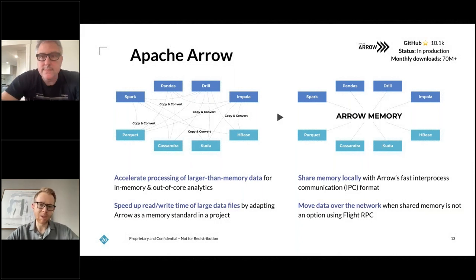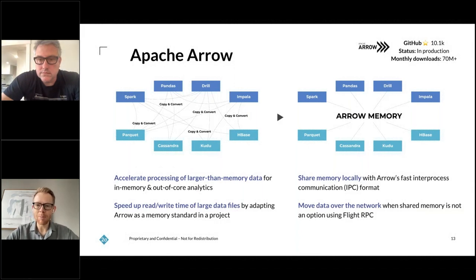And so we got together and said, what if we designed a language-independent, universal, column-oriented data format, essentially a portable data frame, which could be used as a unifying interchange layer between all of these different systems, which could help build more efficient, more composable, polyglot data processing systems.